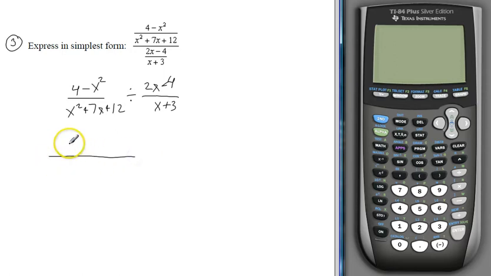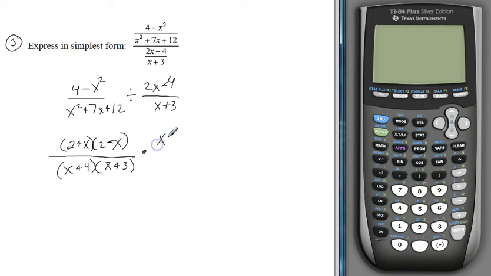So 4 minus x squared is 2 plus x times 2 minus x, a difference of squares. Downstairs, x squared plus 7x plus 12 factors as x plus 4 times x plus 3. Now I'm going to flip and change to multiply.